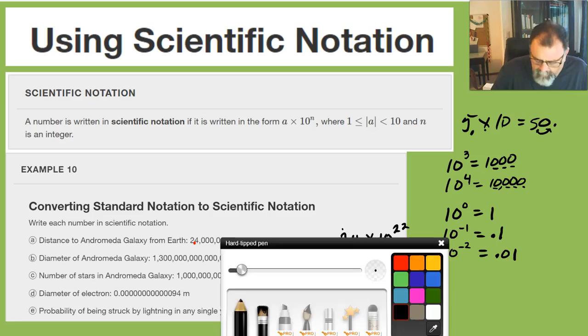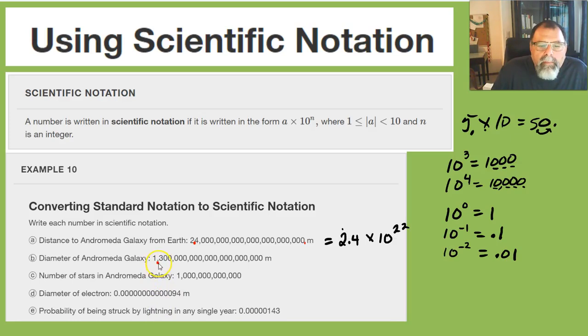All right, same thing here. We're going to put the decimal place right there. First non-zero number, 1, to the right of it, and then we're moving 1, 3, 6, 9, 12, 15, 18, 21. So that one's going to be 1.3 times 10 to the 21.